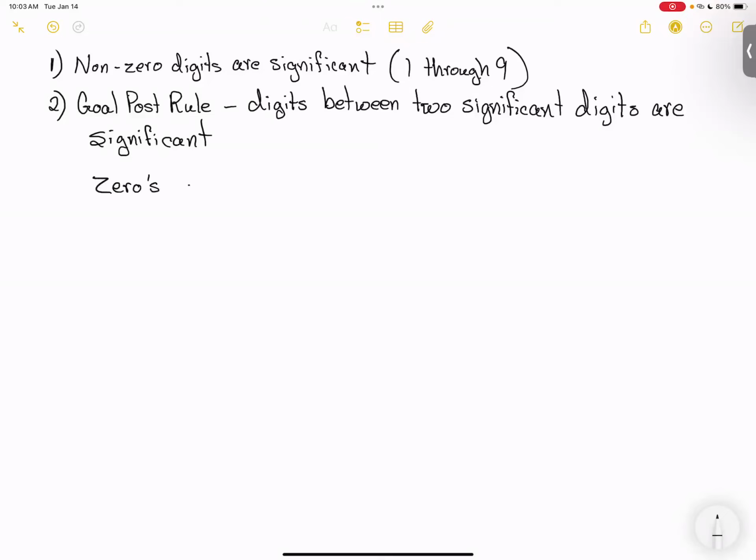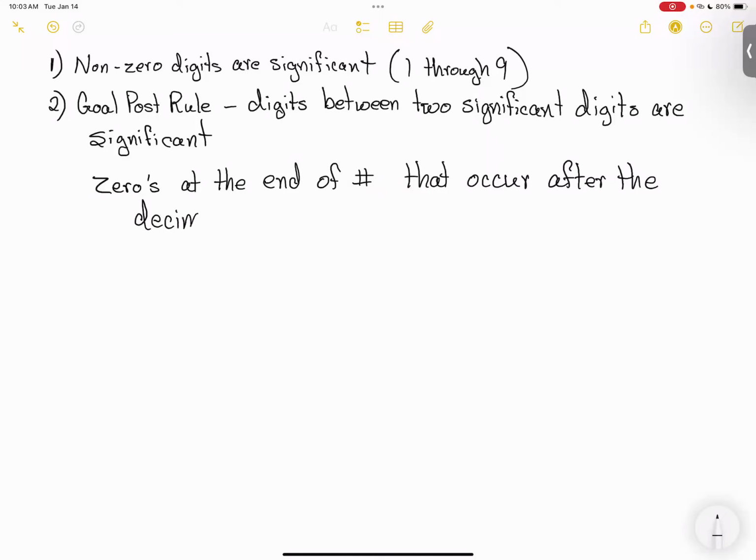Zeros at the end of a number that occur after the decimal point are significant.